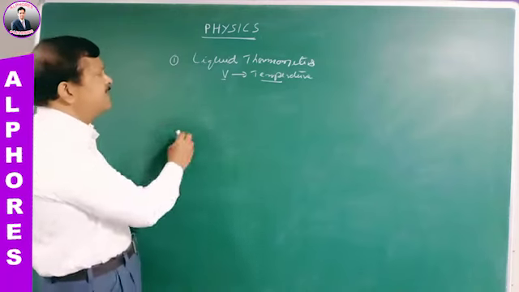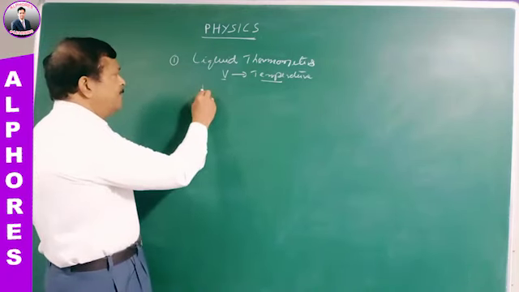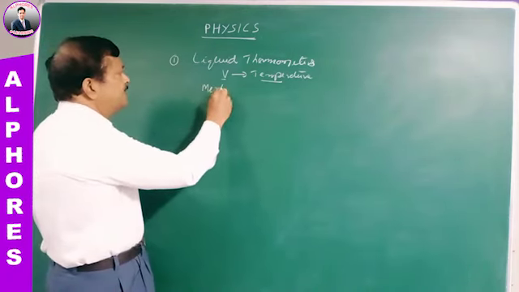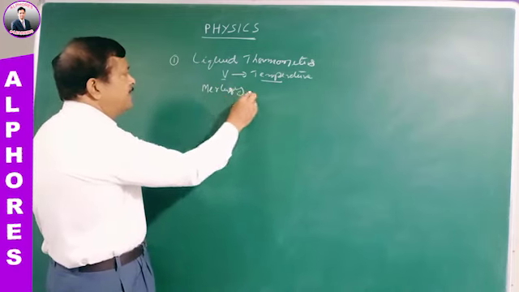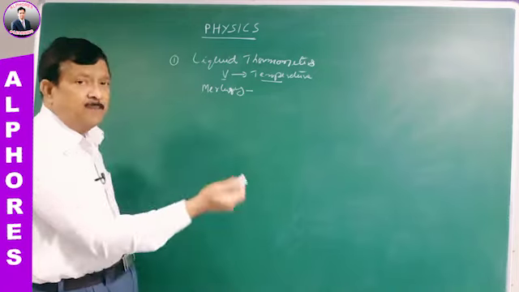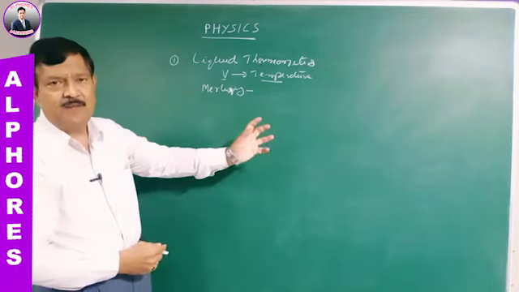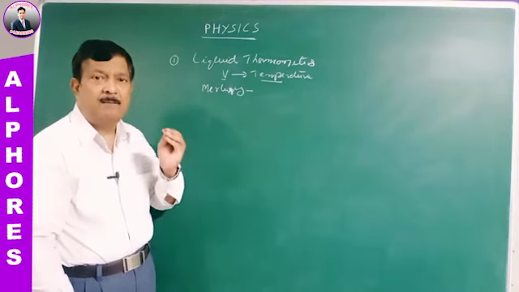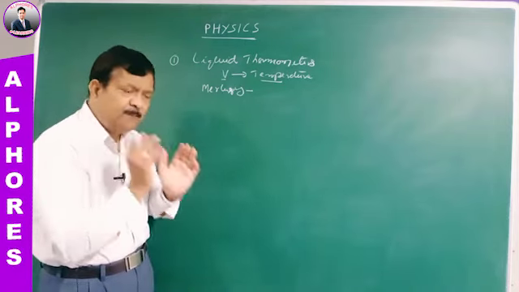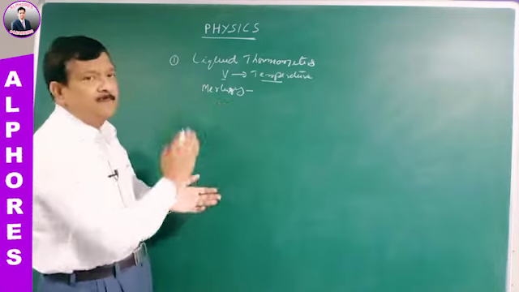In liquid thermometers, generally we use mercury to measure the temperature of the body. Why we have preferred mercury as a thermometric liquid, we have explained clearly. Whatever properties are required for a thermometric liquid, all of them are associated with mercury.